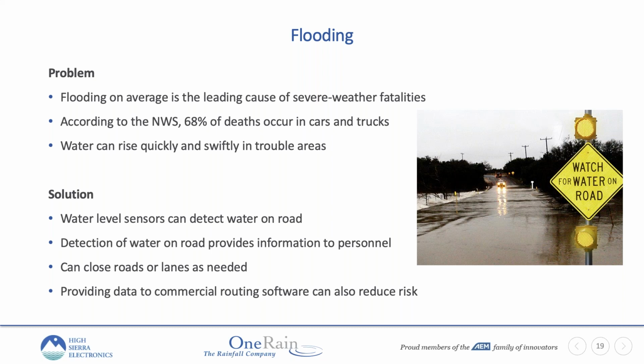So water on road and water level is a really big impact, and this impact specifically usually spans multiple departments. But we'll talk about ways we can help to enhance that and get a more effective solution.